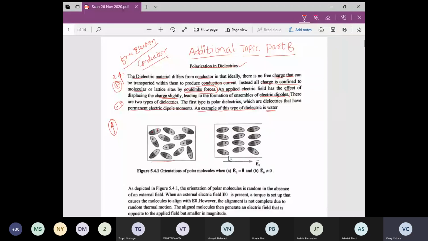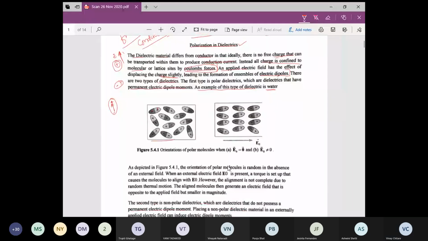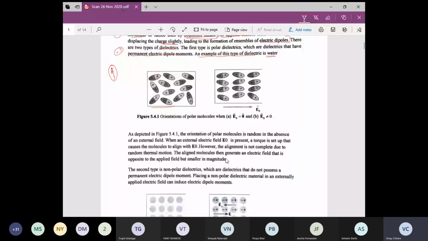As depicted in the above figure, 5.41(a), the orientation of polar molecules is random in the absence of an external electric field E naught. So these dipole moments are oriented very randomly. In the presence of an electric field, a torque is set up that causes the molecules to align with E naught.